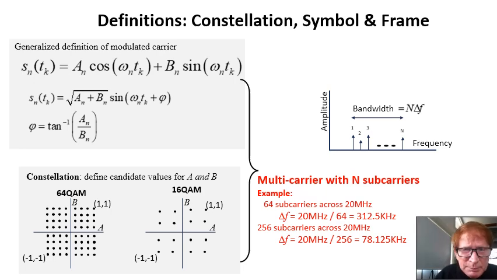The actual A and B pair selected from the transmitter constellation is referred to as a symbol. So the constellation is the available set of A and B values defined at the transmitter, whereas the symbol is the chosen A and B pair that points to the information that is to be transmitted.